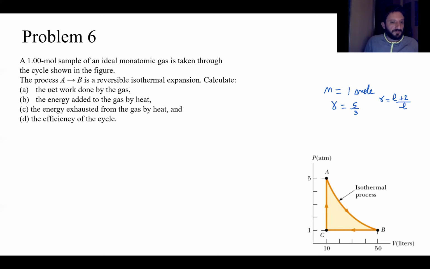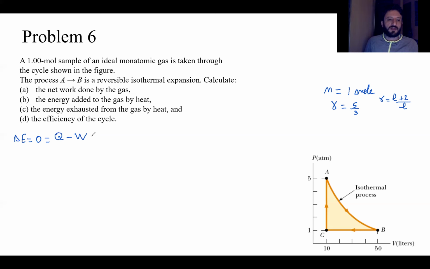Part A. Find the net work done by the gas. When I say net work, it means we have to calculate the work done during one cycle. In the case of a closed cycle, delta E equals 0, equals Q of the cycle minus the total work done by the gas of the cycle.